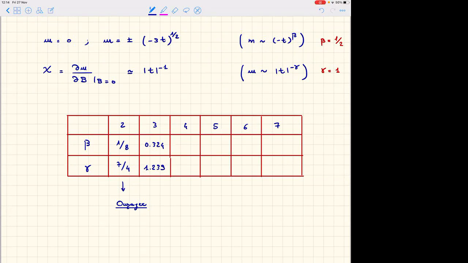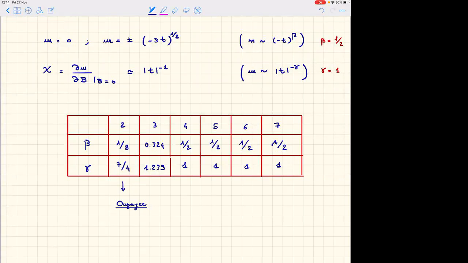However, in 4 dimensions, these critical exponents are actually equal to the mean field ones, and in 5 dimensions and 6 dimensions and 7 dimensions and so on, they are always equal to the mean field value. Which means something quite interesting.